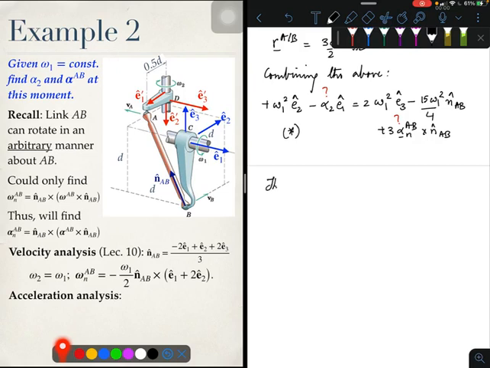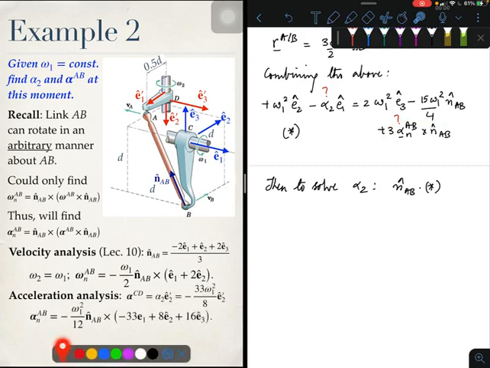Then to solve for alpha 2, we simply take the dot product of star with NAB. When we do the dot product, the contribution of this term goes to 0 because this term is normal to NAB. When we do that, we will find that alpha 2 here on the left is given by minus 33 omega 1 square upon 8.